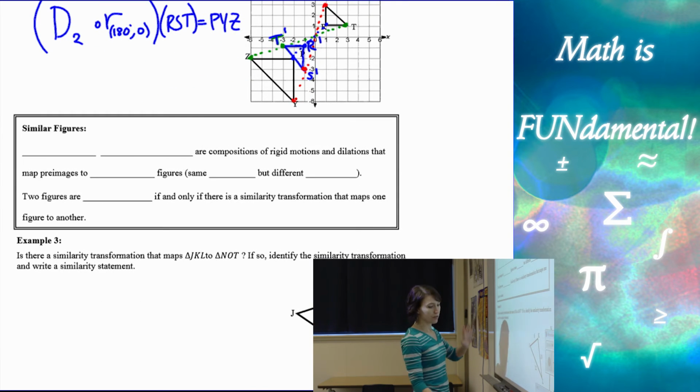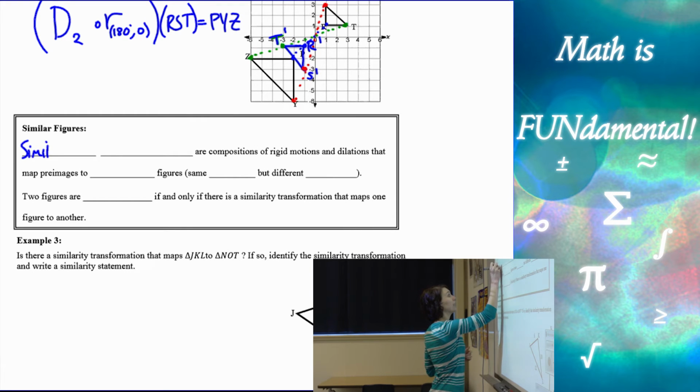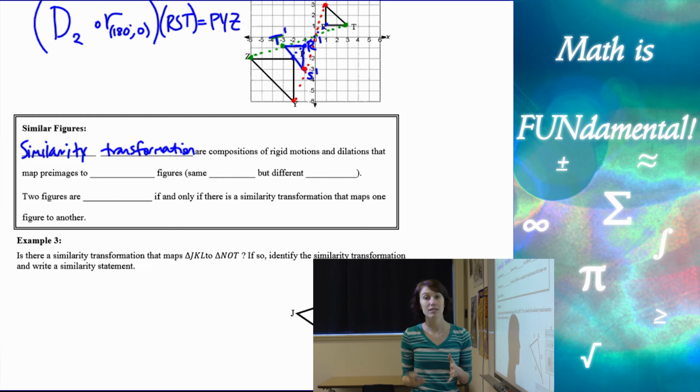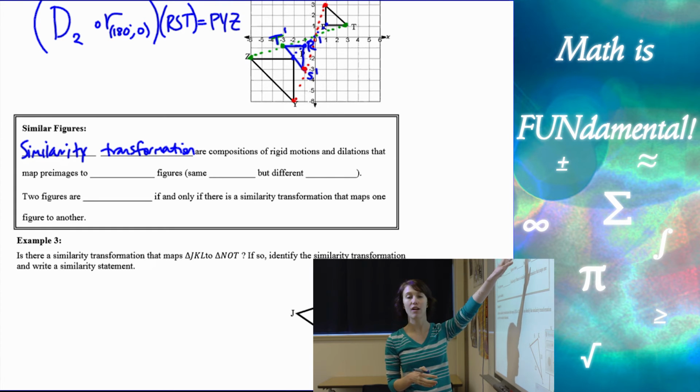All right, similar figures. So here we have a similarity transformation. If we think way back to when we learned about similar figures, they have the same shape but different sizes. Here, if you look at what we're doing on our graphs, our pre-image and our image have the same shape, but different sizes.